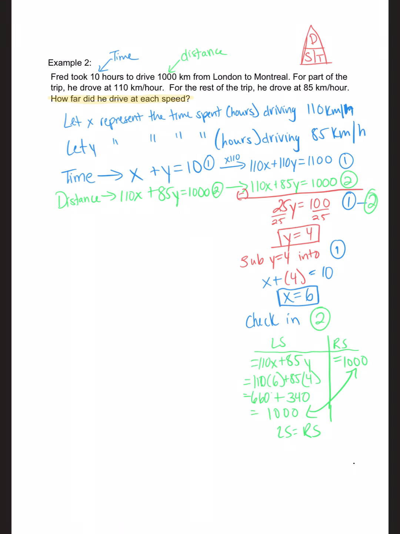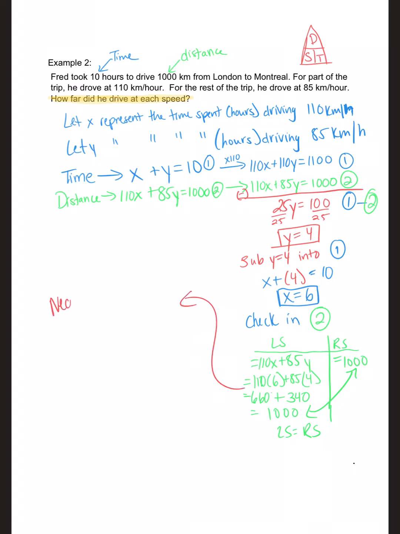So we could go ahead and say, okay, x equals 6 hours and y equals 4 hours, but I come back to that question we started with that I said, remember, we're going to have to answer this question. So the question was, how far did he drive at each speed? And so I'm just going to draw an arrow up here.